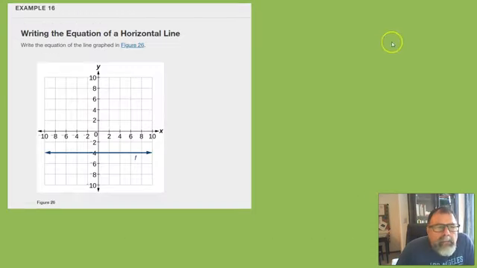Okay, so let's try example 16: write an equation of the horizontal line. You just have to remember it's not going to be x, like the x-axis that goes horizontally. It's what's the y value where the line crosses. So it'll be y equals, and what's the y value? -4.